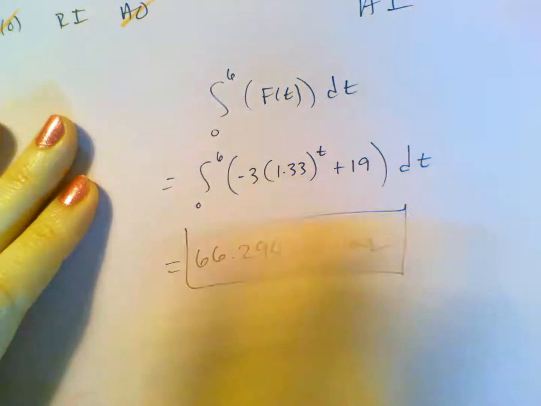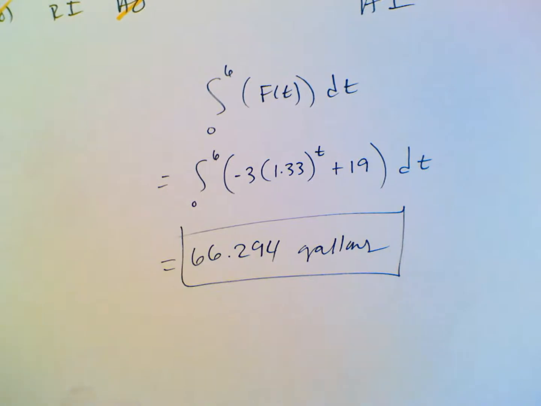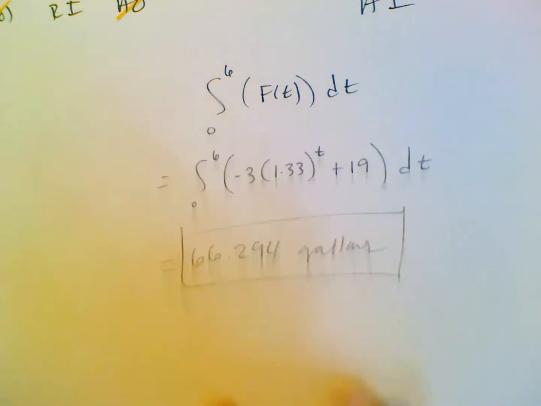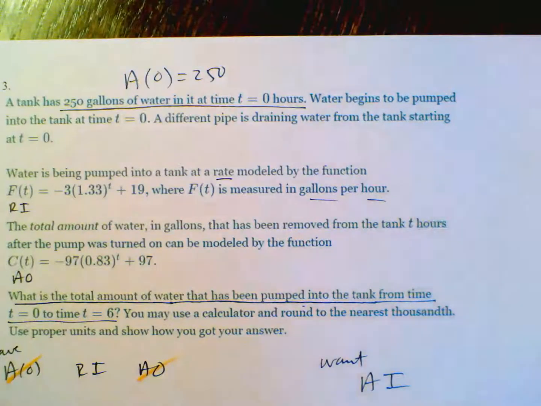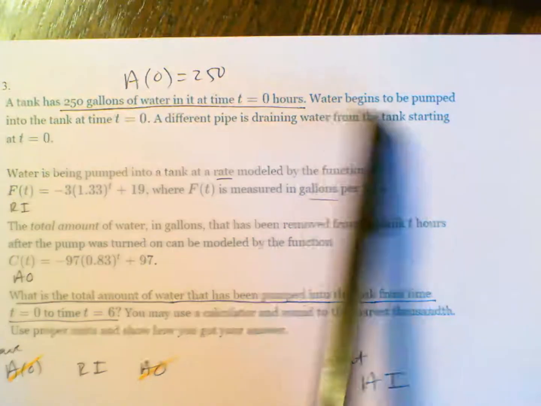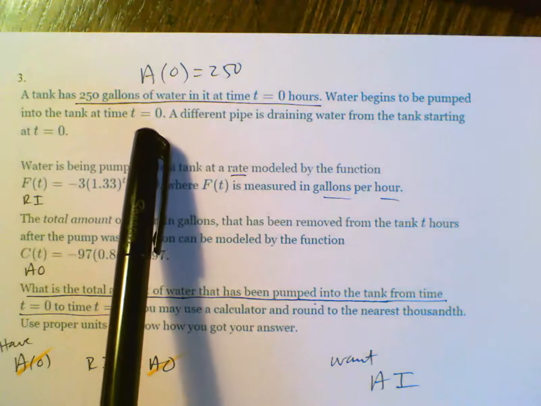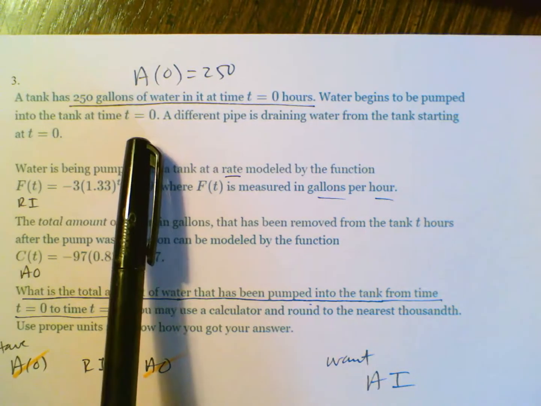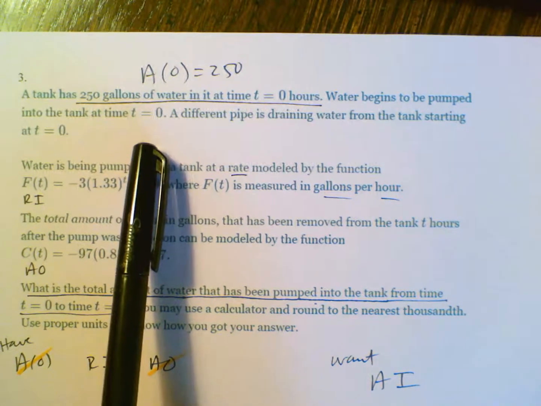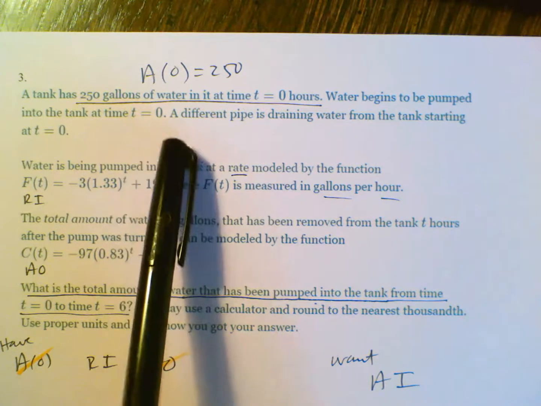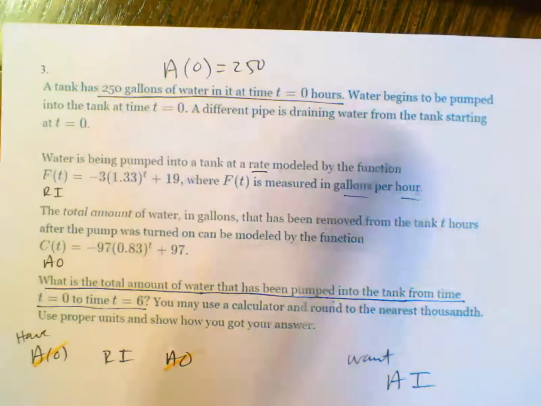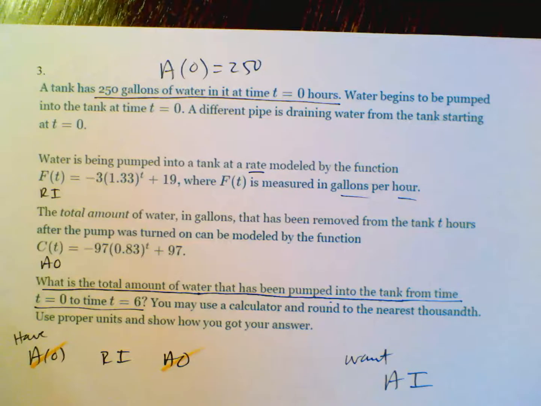Okay, yeah, maybe these are all about water. All right, when I start doing videos for AP problems, I'll find ones like this that involve things other than water. And another thing, guys, that could be different is here we have water begins to be pumped into the tank at T equals 0, but a lot of times in the AP exam, and I will find an example for you, a different pipe is draining water from the tank starting at maybe T equals 5.